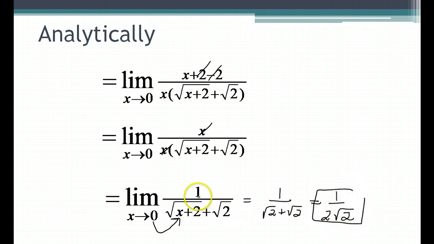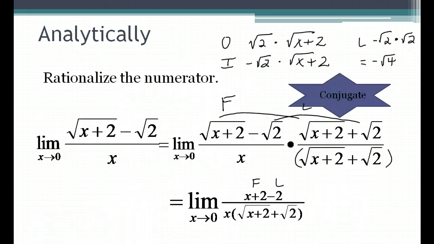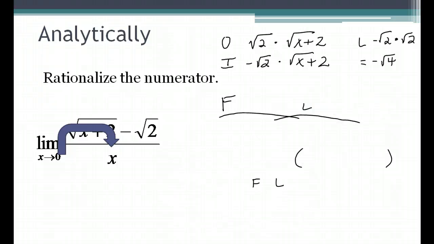So again, let me rehash what happened here. We first, in the beginning, decided that our original function, when we substituted in, got an indeterminate form.